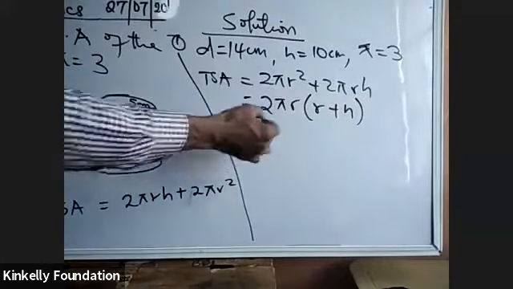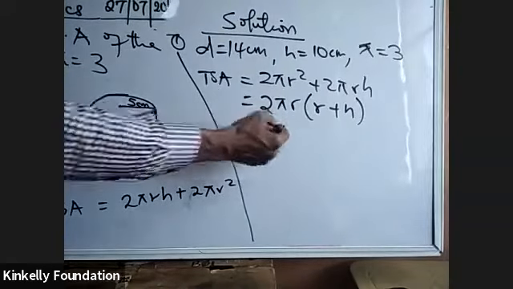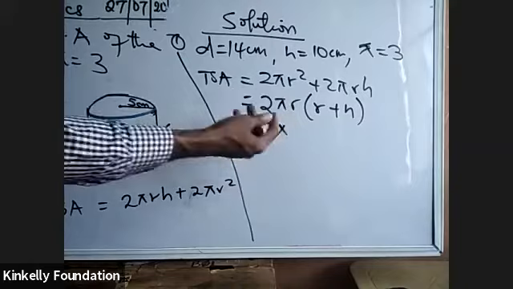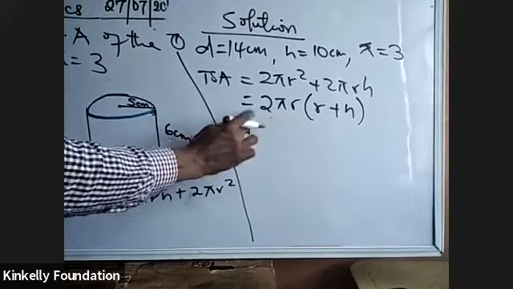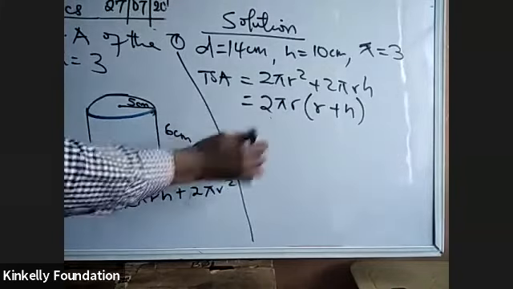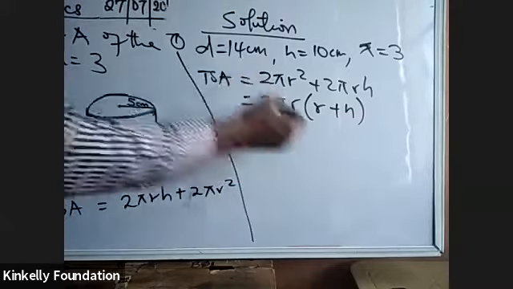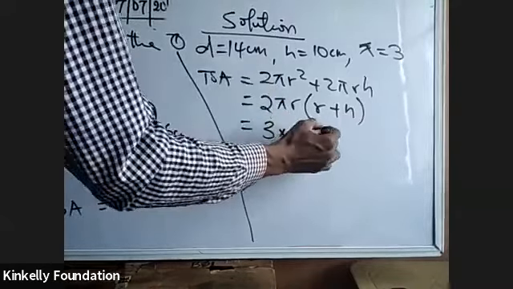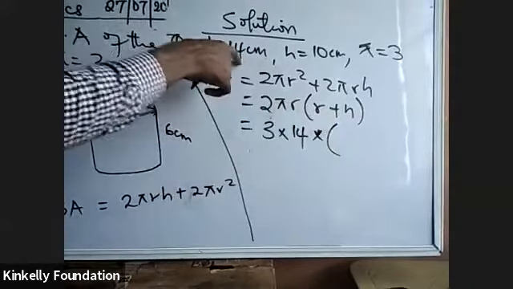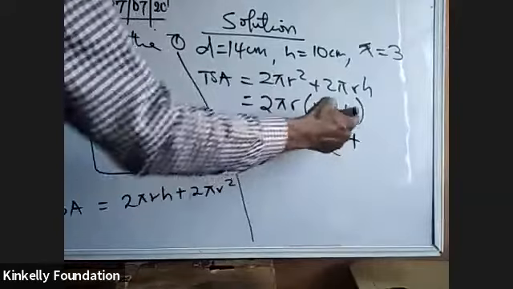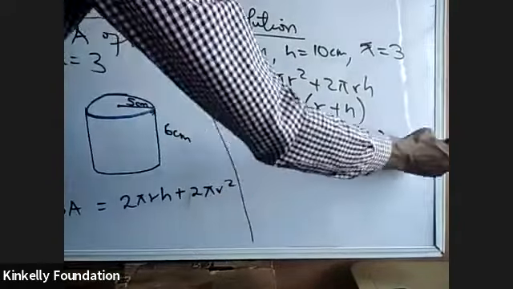Now, how to notate this? We have 2 times pi, which is 3, times 2r is 14, times r is 14 divided by 2, which is 7, plus h, 10, in centimeter squared.